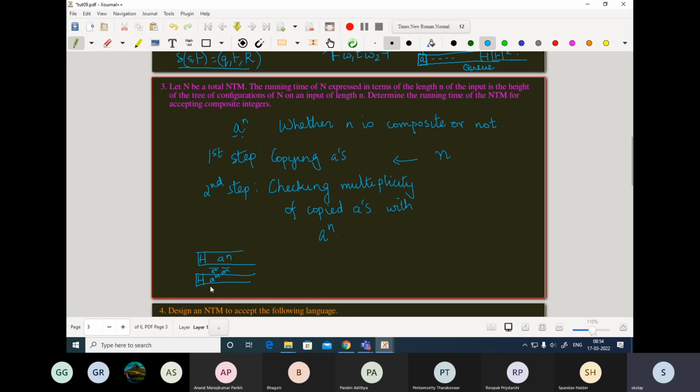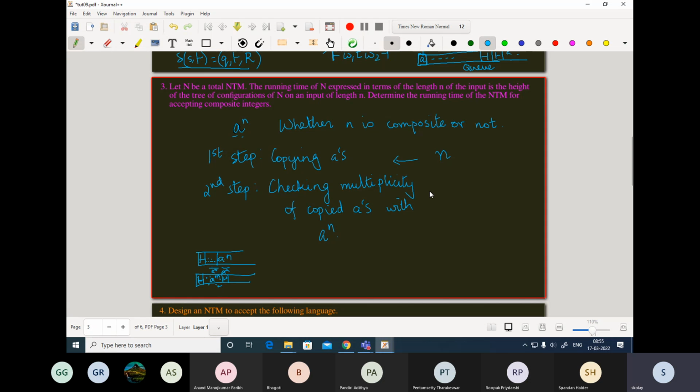No, so what are you doing? Basically, in this a to the m, you read an alphabet here, you mark an alphabet here. Then you read the next one, you mark the next one, till you hit a blank, right? If you hit a blank, then over here you have marked m a's. Next, you move to the right, you read an alphabet, mark an alphabet. Read an alphabet, mark an alphabet. Keep doing this. So this maximum would be n, I think. n or 2n, right?